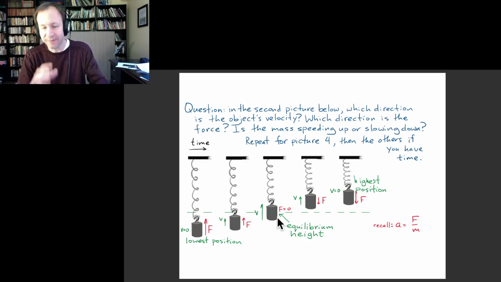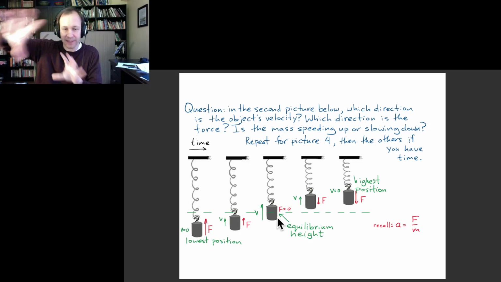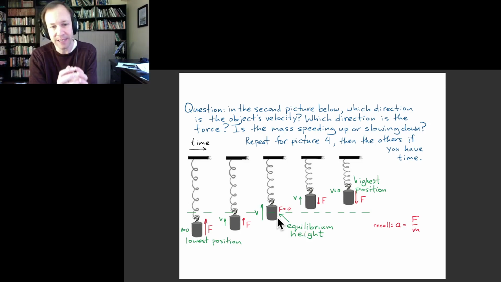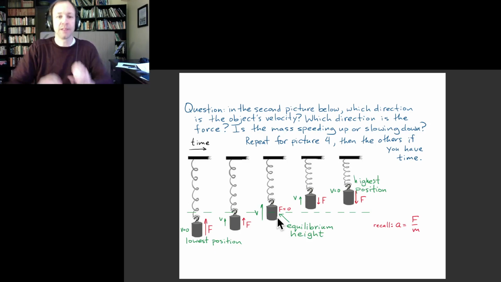That was the definition of equilibrium height, the place where all the forces cancel each other. But that doesn't mean that the object is going to stop at that height. What you notice is that at that point, you still have a velocity which has been built up from all the forces so far. And so rather than just sitting there, it's going to continue moving upward.